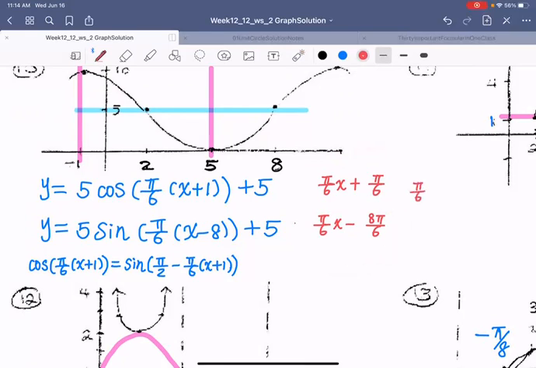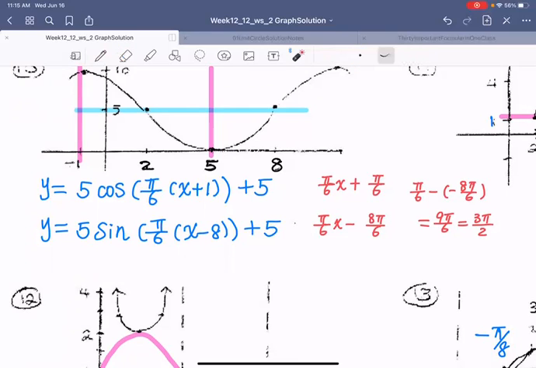Pi over 6 minus negative 8 pi over 6 equals 9 pi over 6, which is the same as 3 pi over 2. Julia, did you notice that these two angles inside have a difference of 3 pi over 2? Does this make sense to you?